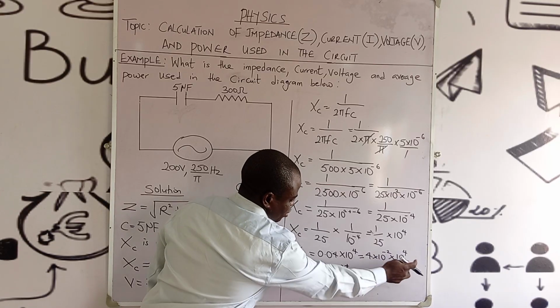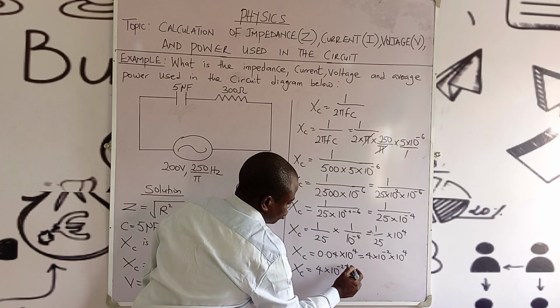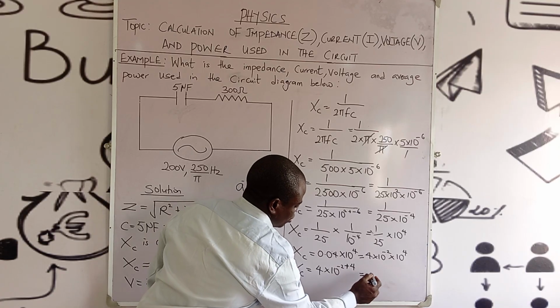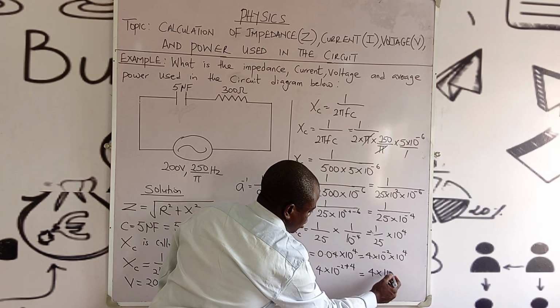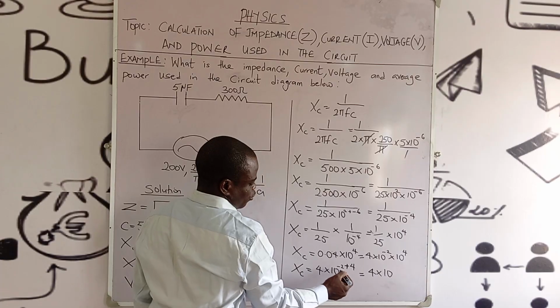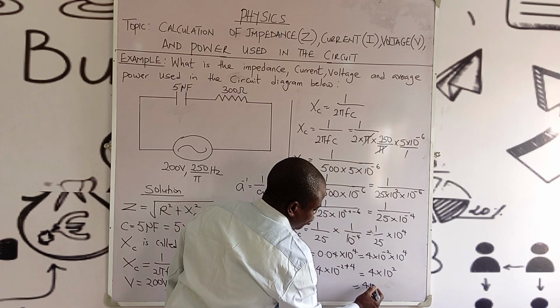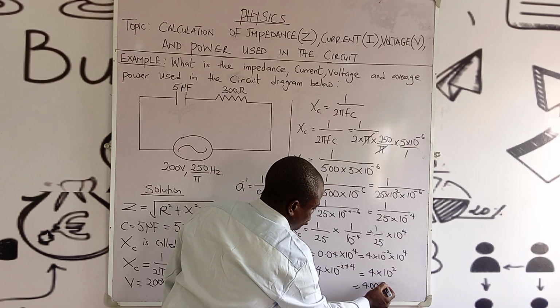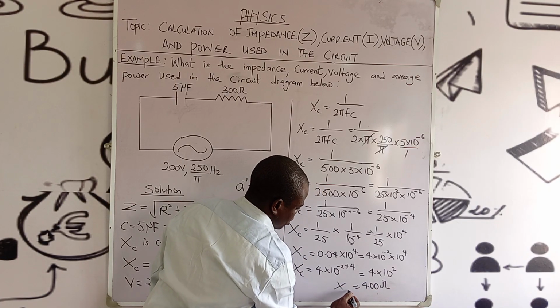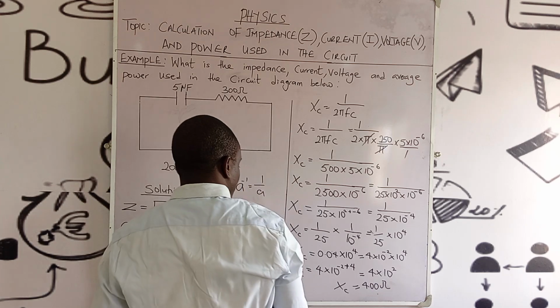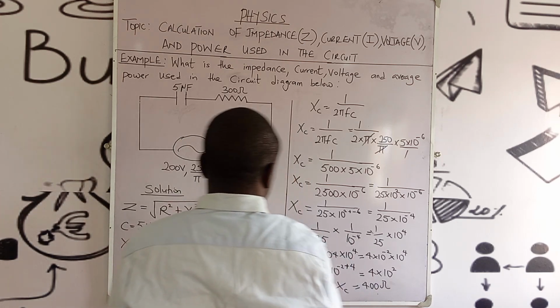That's 2, which is equal to 400 ohms. So the capacitive reactance is 400 ohms.